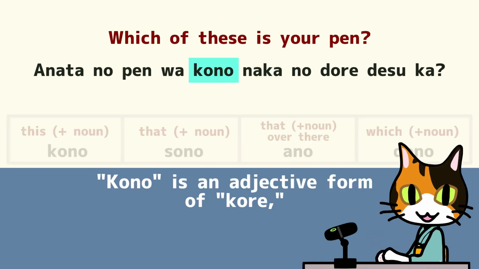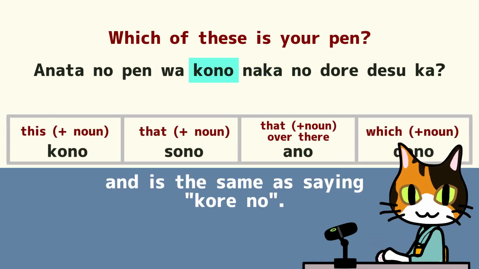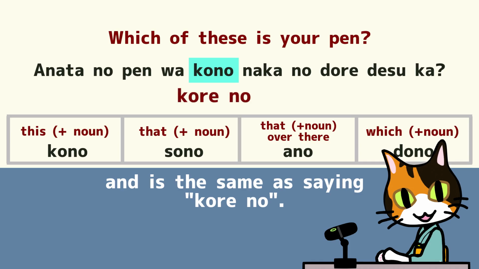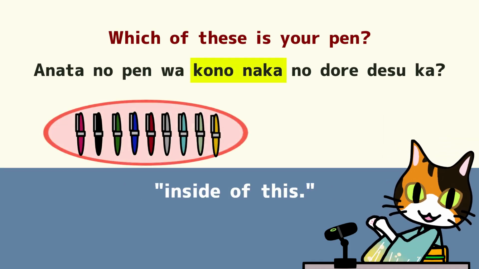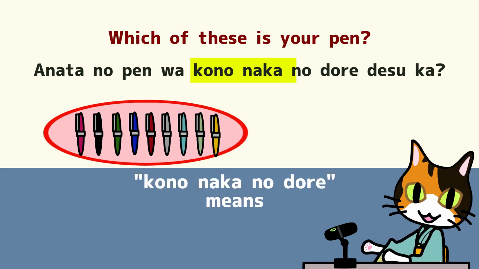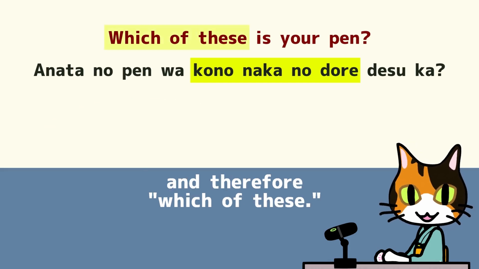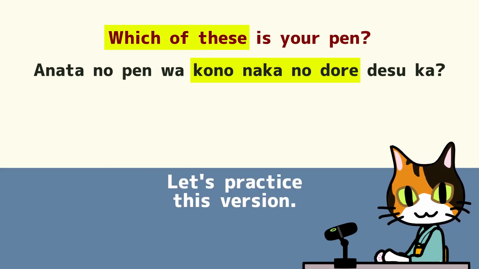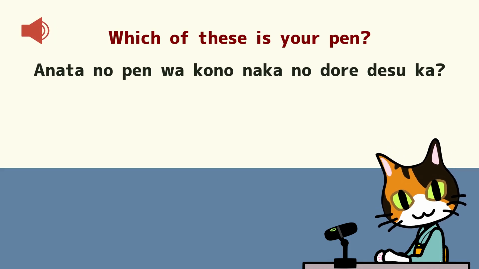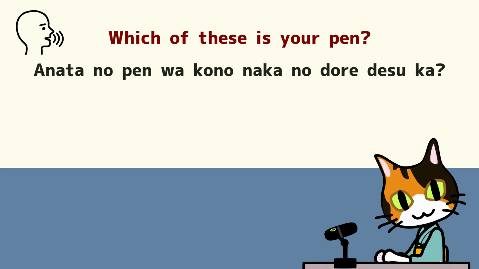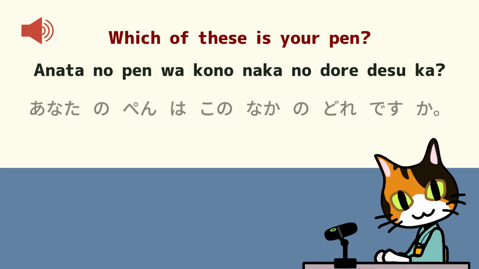Kono is an adjective form of kore and is the same as saying kore no. So, kono naka means "inside of this." And kono naka no dore means "which inside of this," and therefore, "which of these." Let's practice this version. あなたのペンはこの中のどれですか?